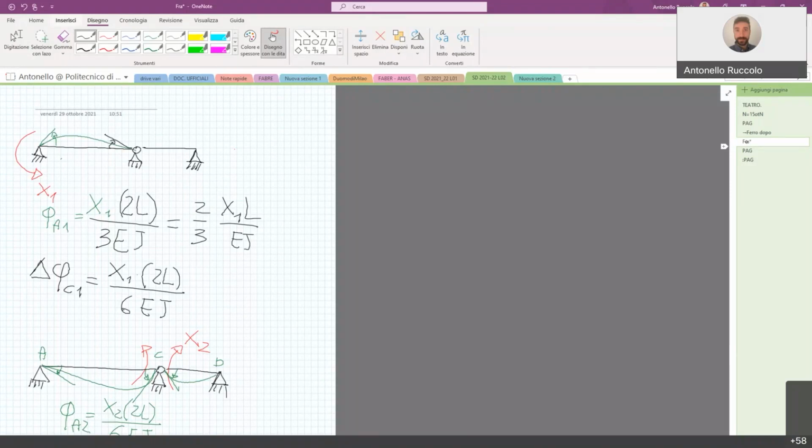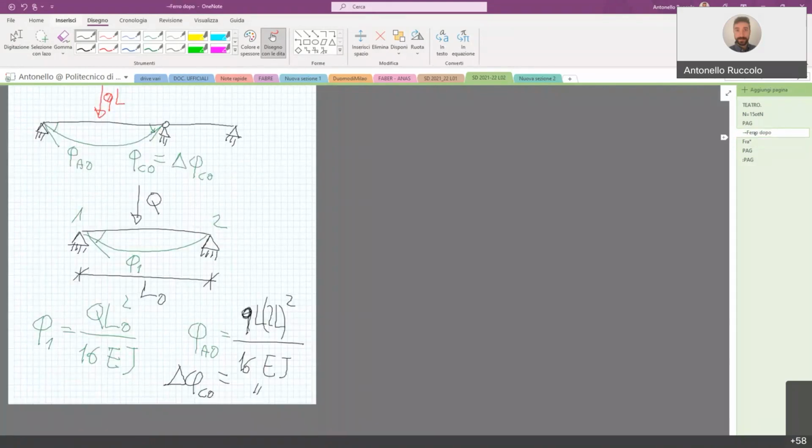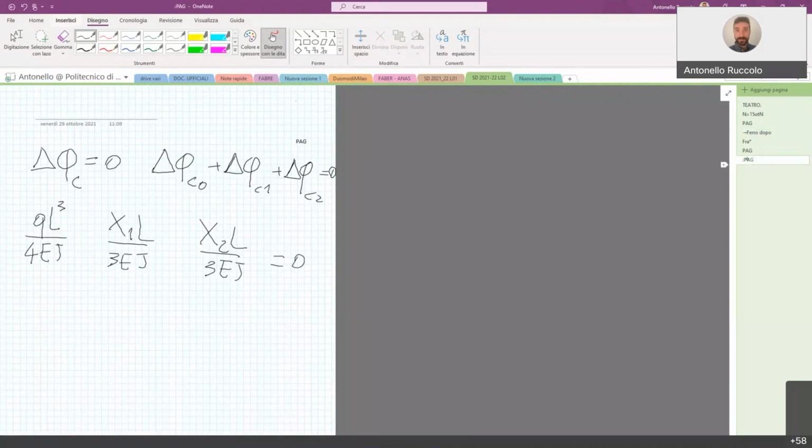So if we sum up this term, the other term, and the last term, we can find that they are all positive, but the first one. So it is minus and plus.